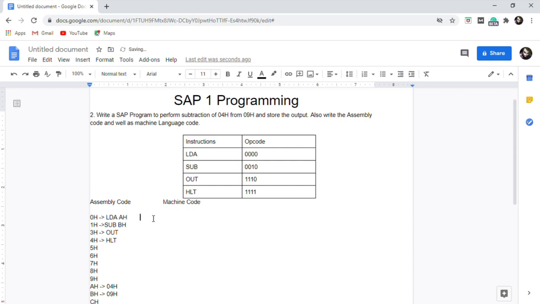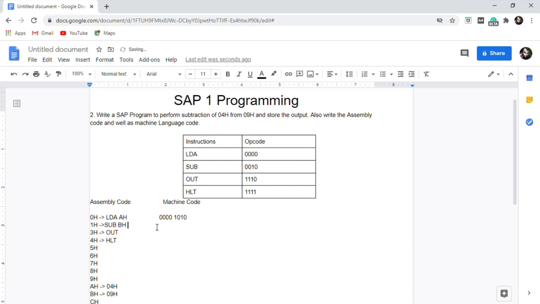So what we need to do here is we need to replace this LDA with its opcode. So its opcode is written over here, 0000. Then after we need to write the binary form of this AH, which is 1010.